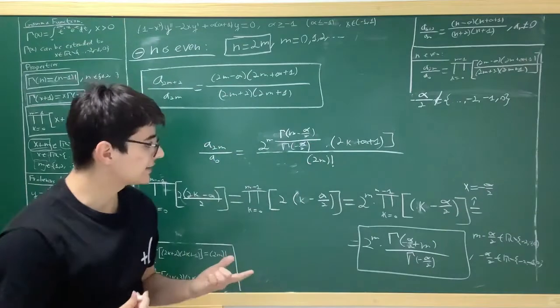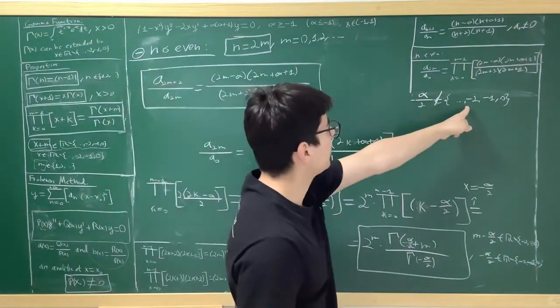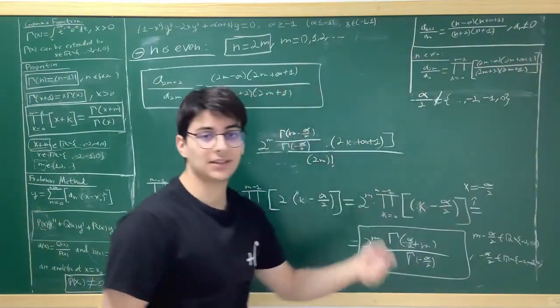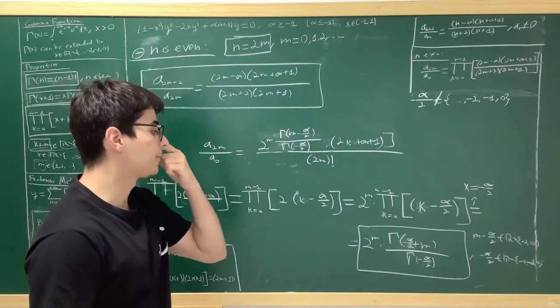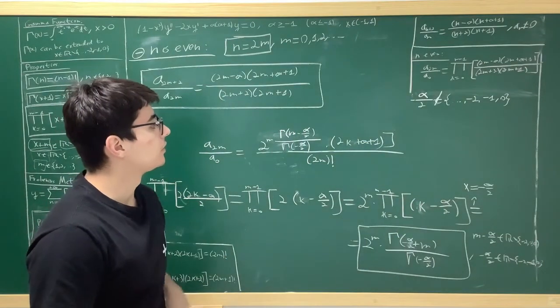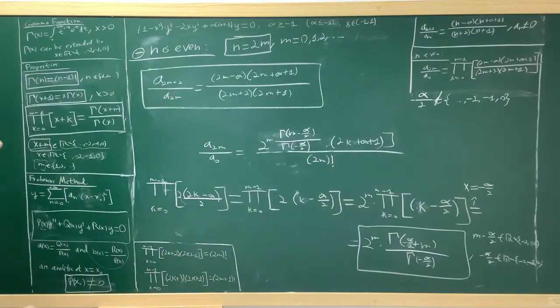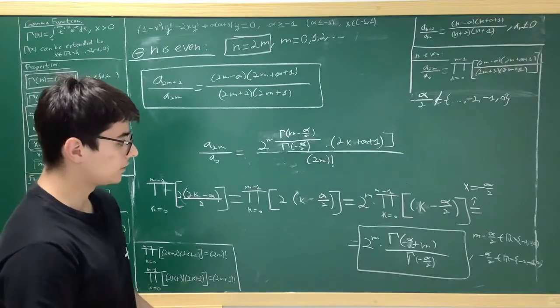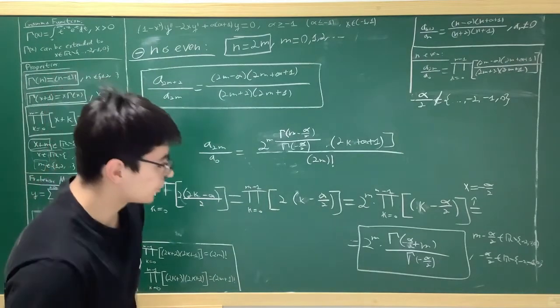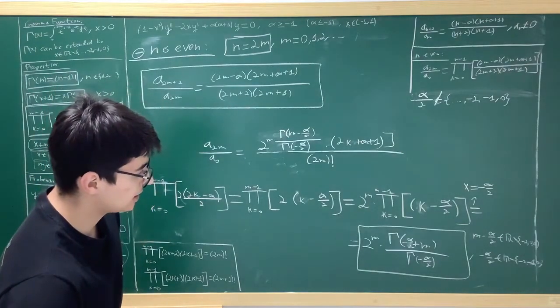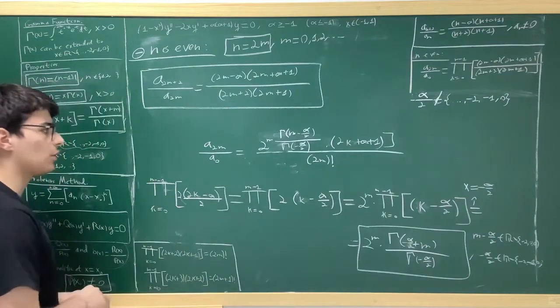All of this makes sense because minus alpha over 2 is not in this set of numbers. Yes, that's right. Okay, let me just check. Yes, so that's what we get.